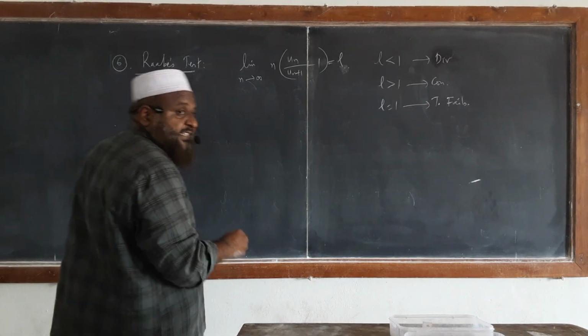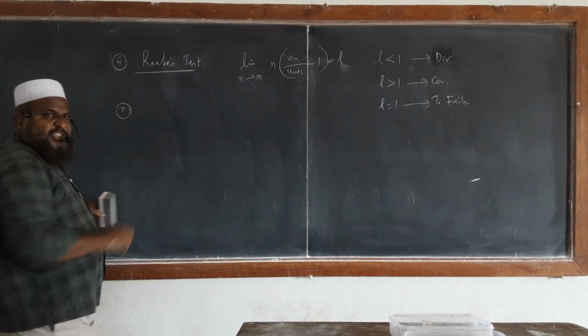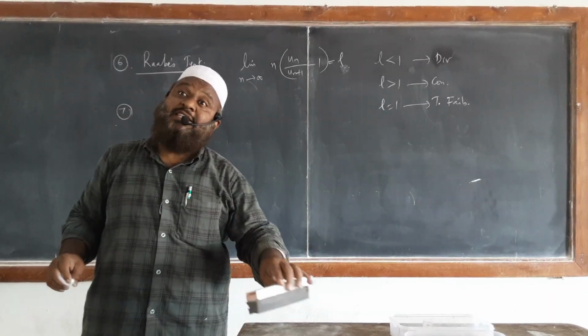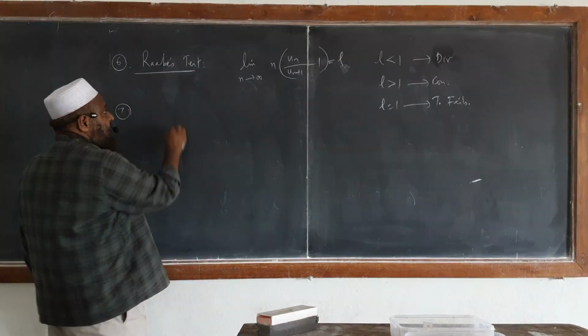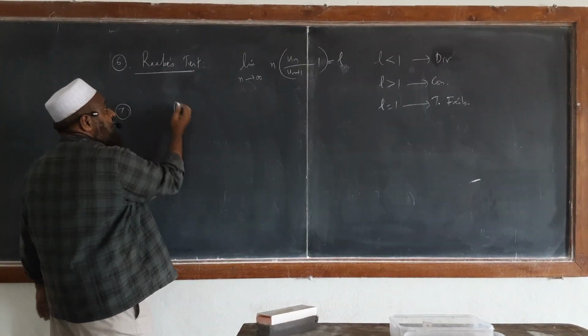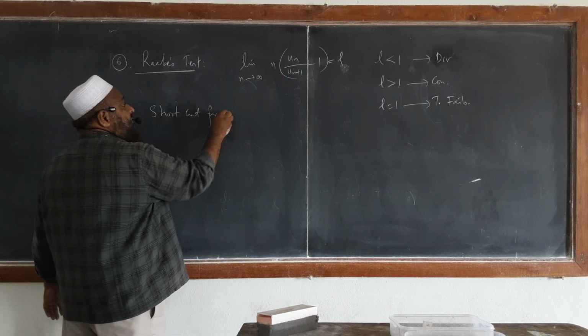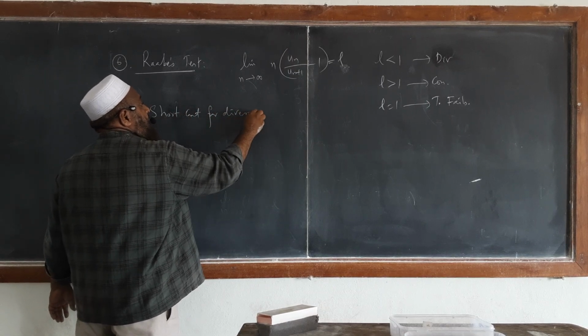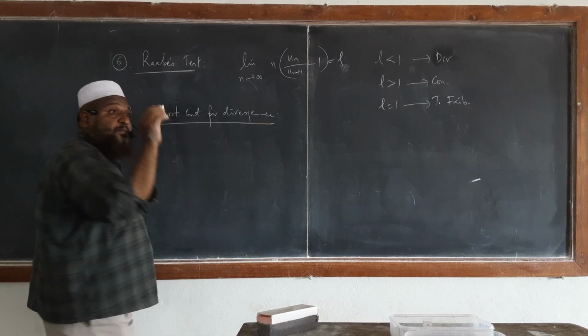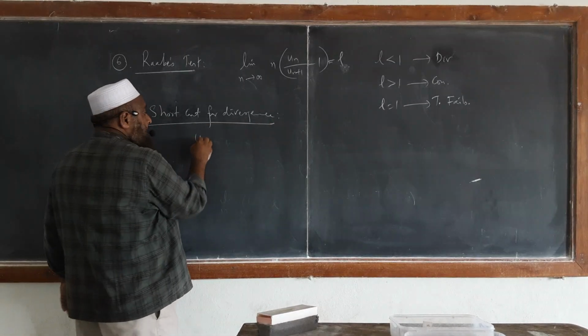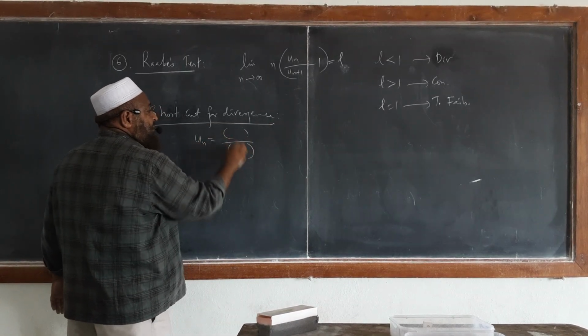Okay. So next, the last few points. What is the shortcut for divergence? Limit n tends to infinity. This is a shortcut for polynomial by polynomial, where un is polynomial by polynomial of the same degree.